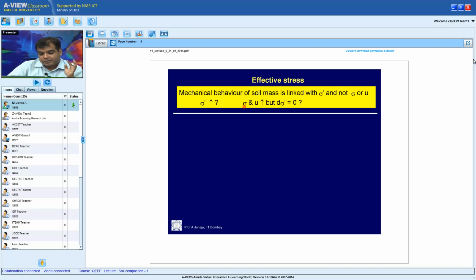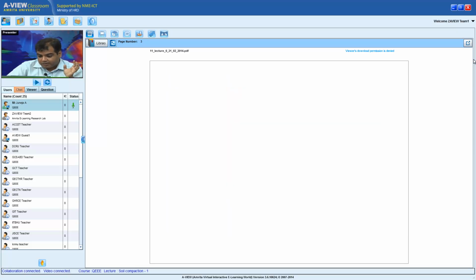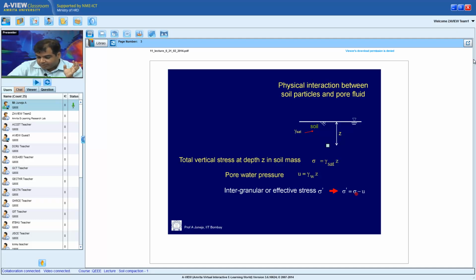Compare this to the change in total stress, which is sigma, and the pore water pressure. Take an example where these two values increase, but the effective stress remains the same. If you look at the equation which we had just a few slides back, total stress was equal to effective stress plus the pore water pressure. I can go back to that particular slide. That's over here.